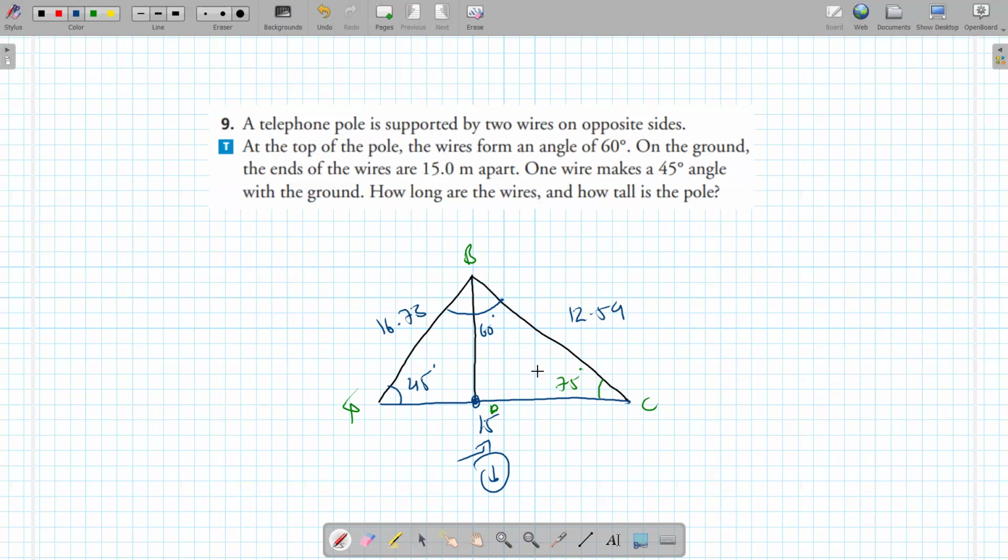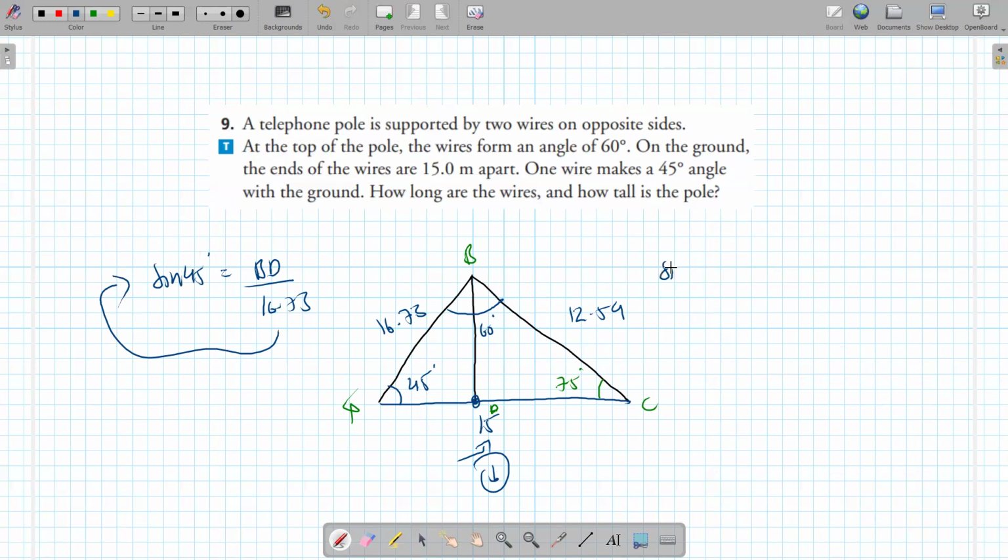Because on the left triangle, let me show you. So on the left triangle, it'll be sine. So sine 45 is equals to BD over 16.73. Multiply both sides by 16.73, you're done.